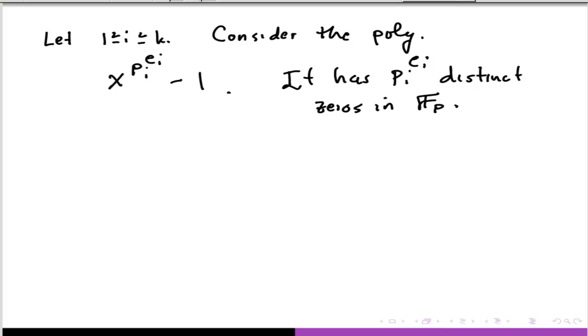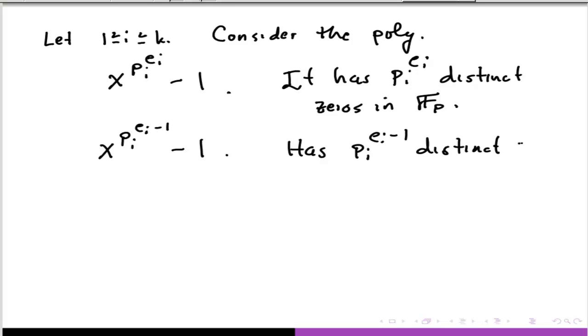Well, let's consider one smaller power. If you look at x to the pi to the ei minus 1, minus 1, this polynomial has pi to the ei minus 1 distinct zeros, which is a much smaller number than pi to the ei. Thus, let's call this polynomial f of x, say, and this one g of x.